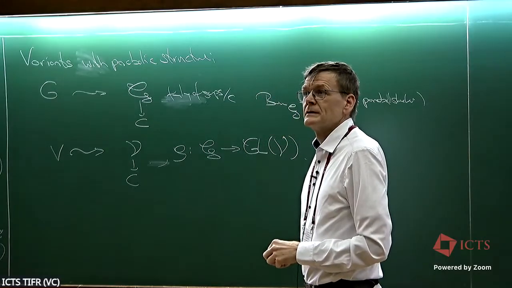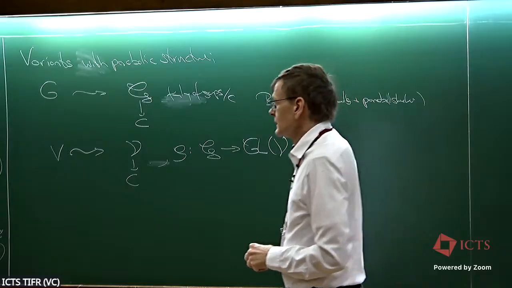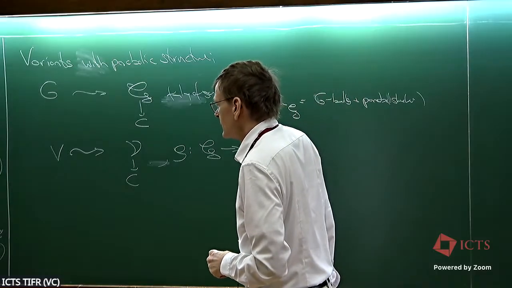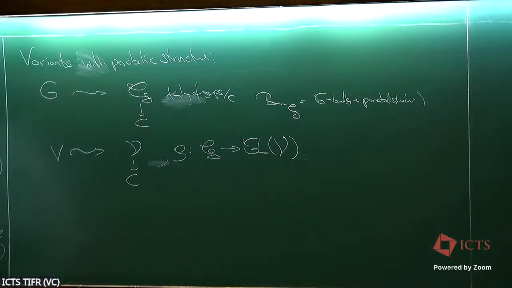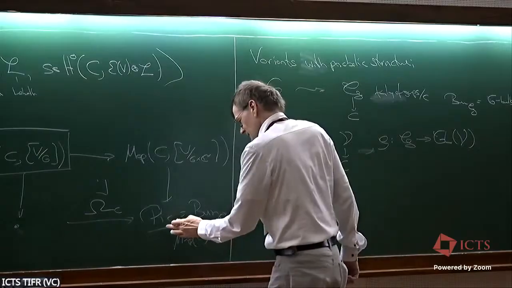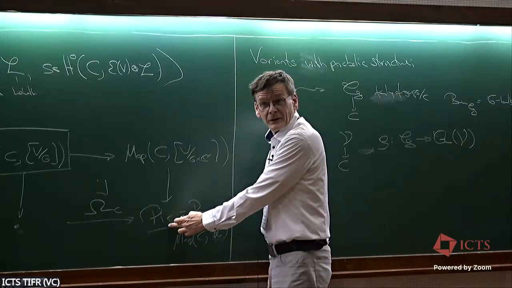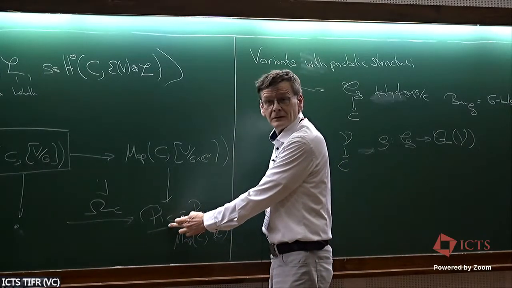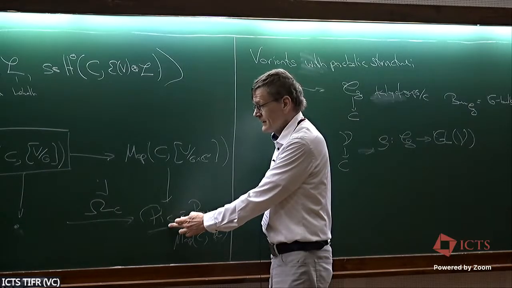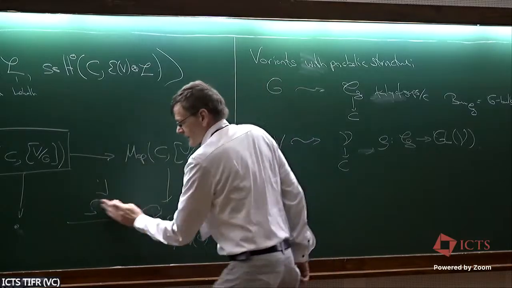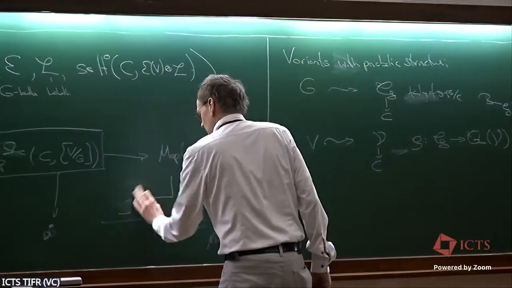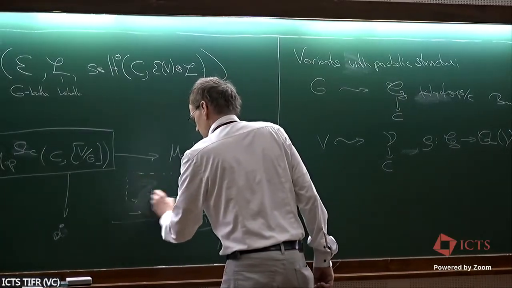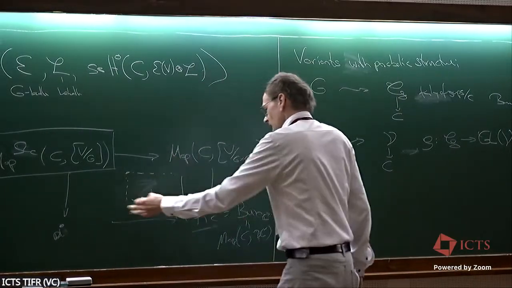A question? So this sends the unique object here to the canonical line bundle here. Right, so this is a point. So this is defined to be the fiber product.